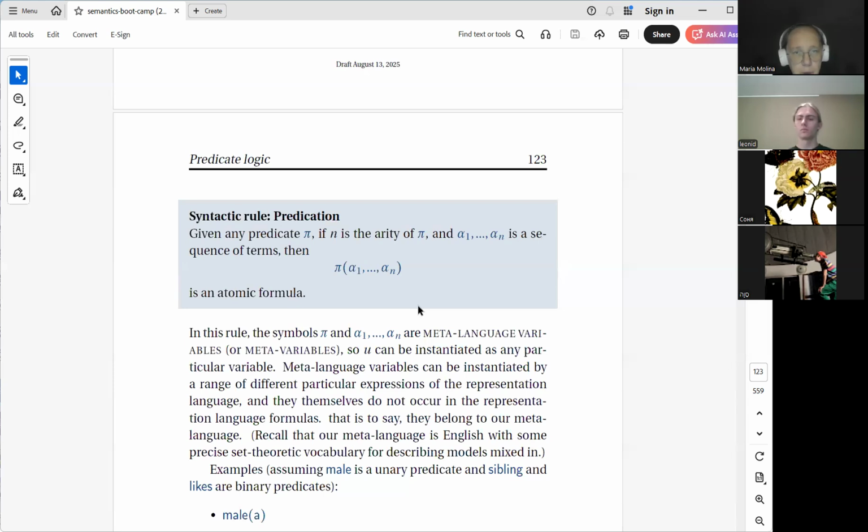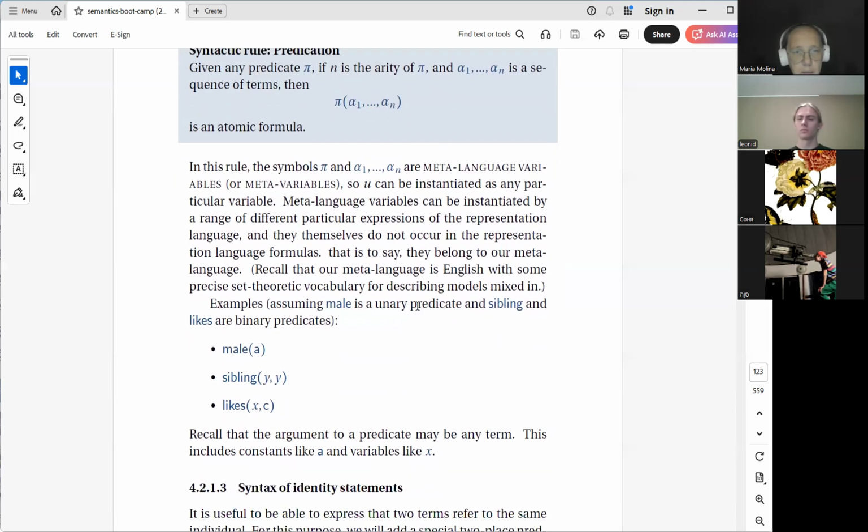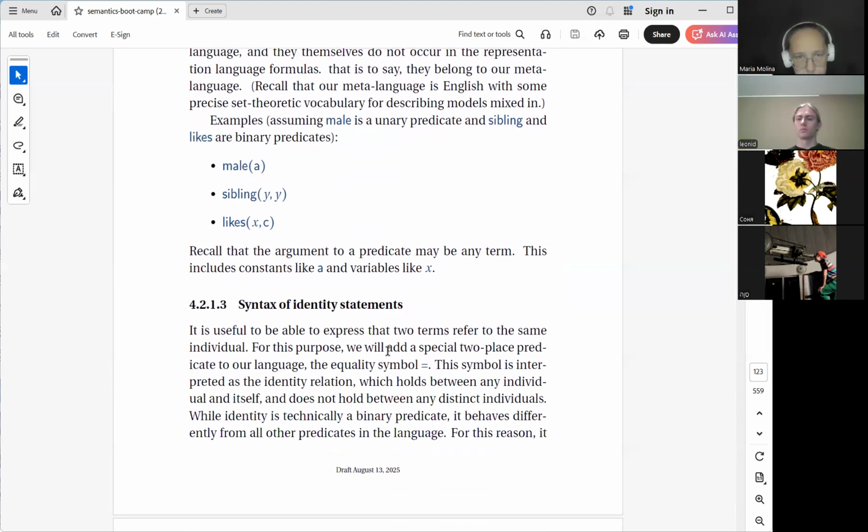Examples of atomic formulas are here: Male A, sibling YY, likes X, C, and sibling and likes are binary predicates.